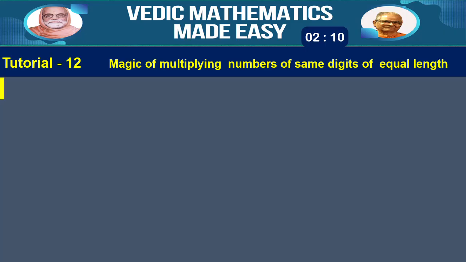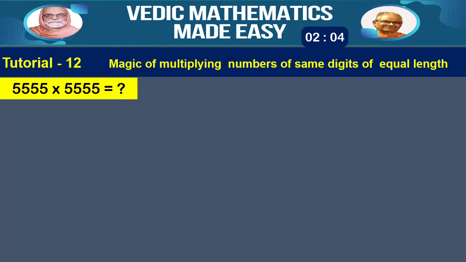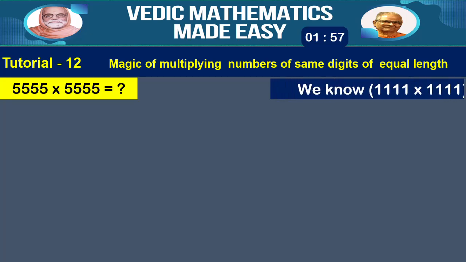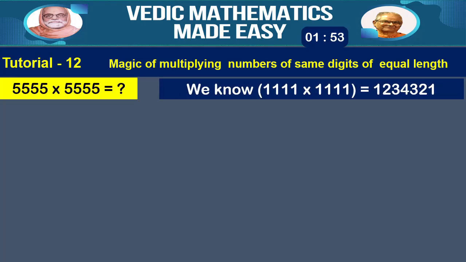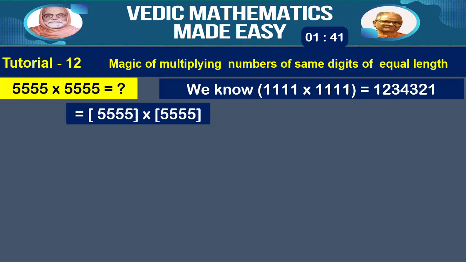So now, let us multiply 5555 into 5555. These numbers are 4-digit numbers. We know 1111 into 1111 is equal to 1234321. Consider the given numbers 5555 into 5555.